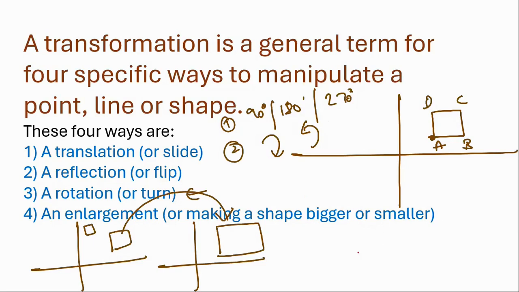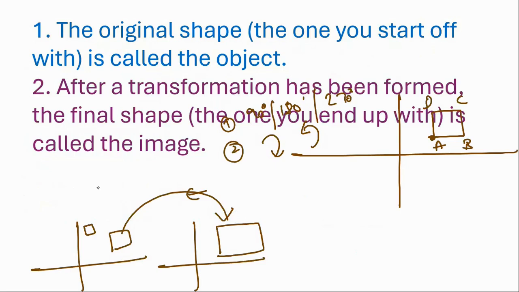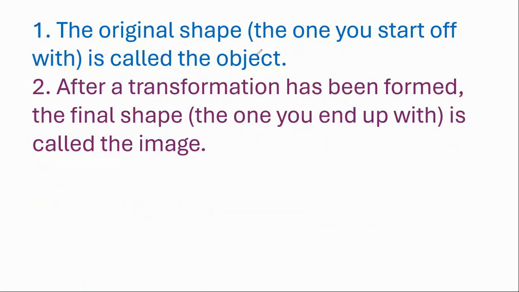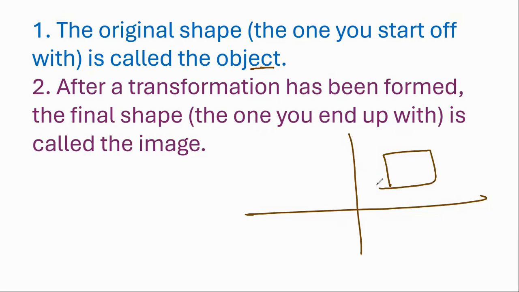Let's understand the next part. The original shape is called the object. The original shape, which we have to transform in any way, by rotation or reflection, is called the object. Whatever new shape I get is called the image. That is very, very important. The next part is translating an object.